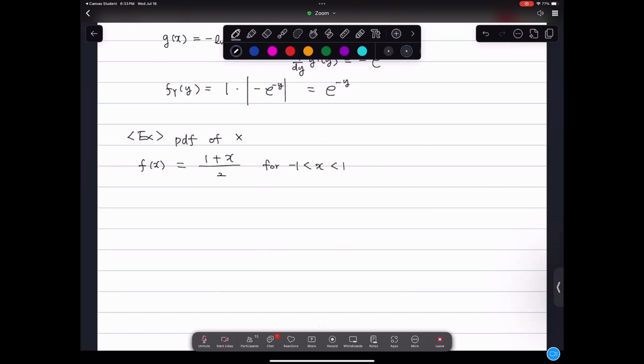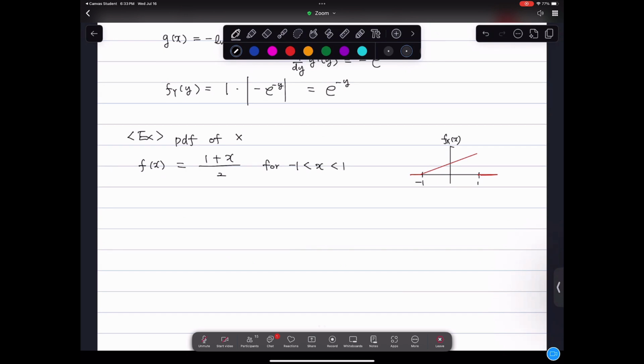So my support is from -1 to +1. The graph of the PDF of x goes from -1 to +1 and is 0 everywhere else, like this. That's the PDF of x, f of x.